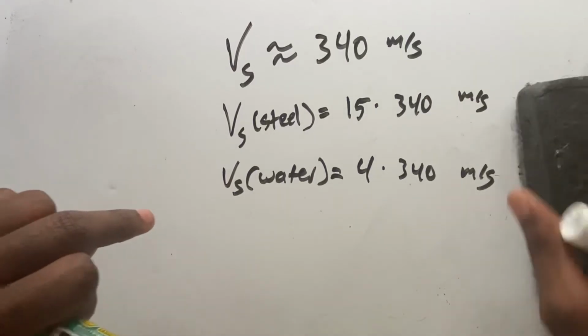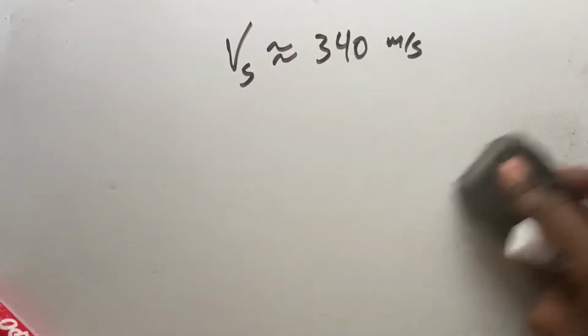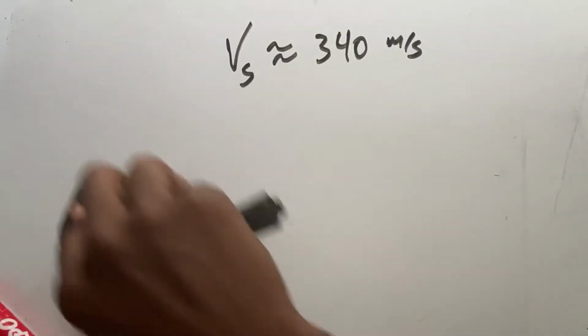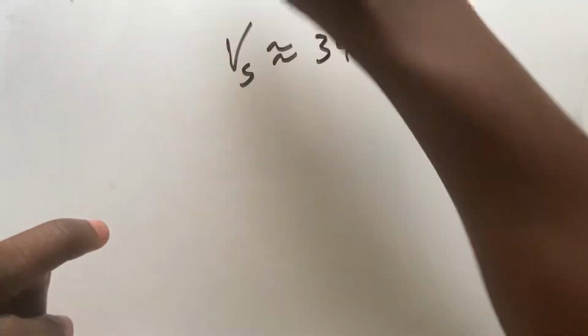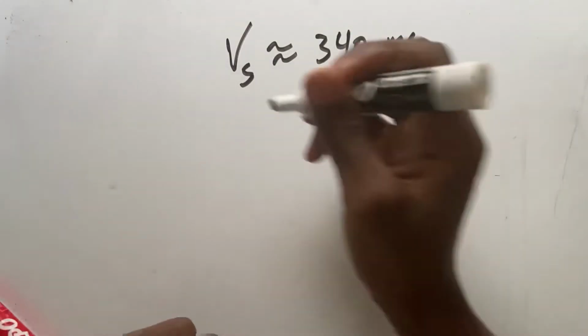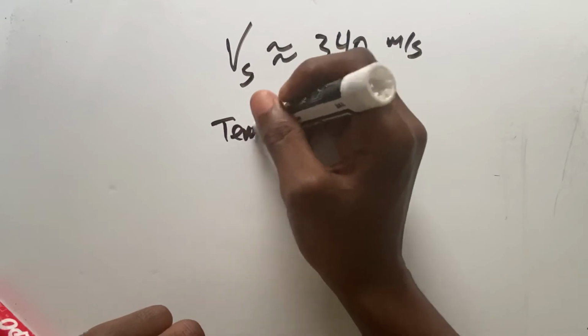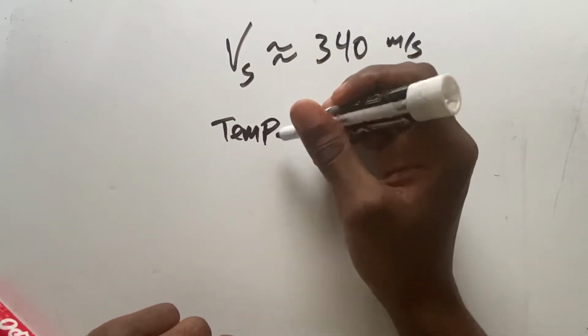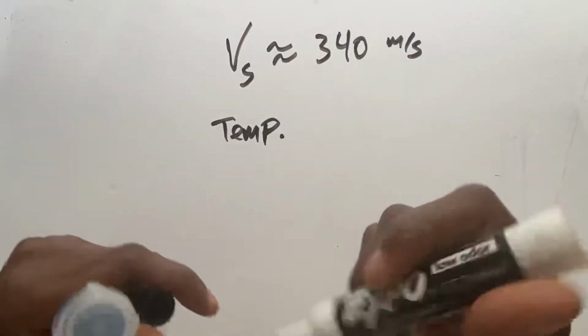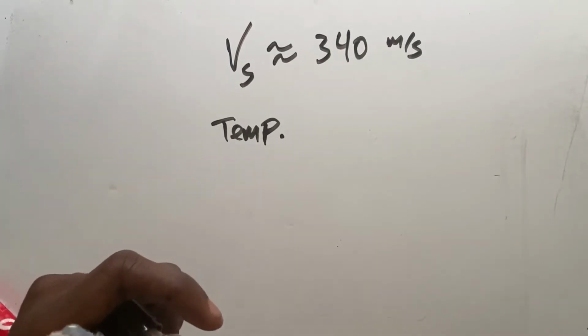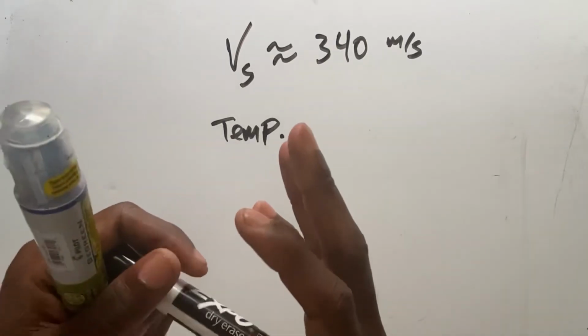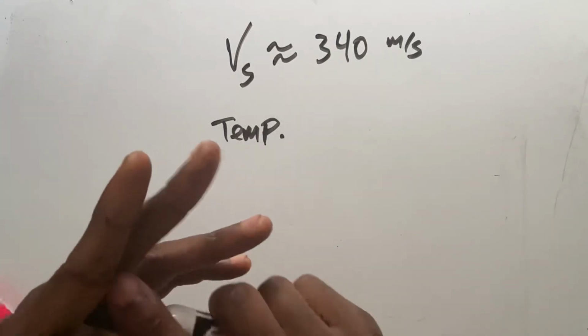And so now, the speed of sound can change based on the medium it's in. Well, what about the temperature? Because you can have different temperature mediums, right? It can be really hot in one area and really cold in another.